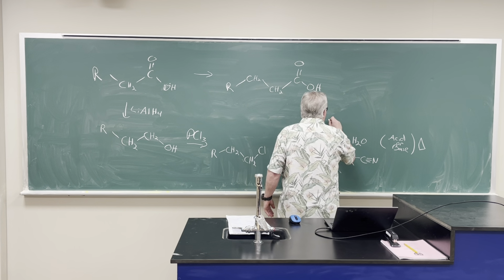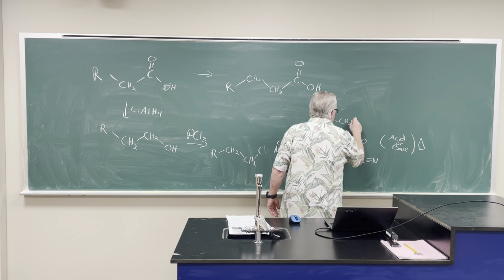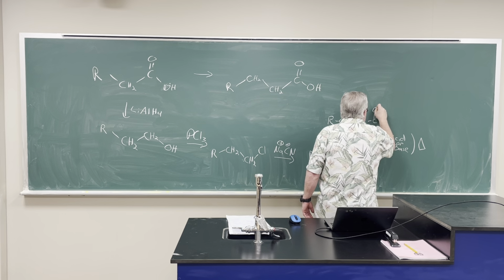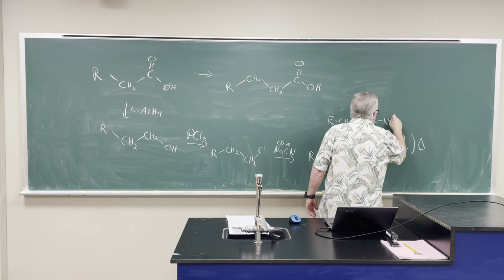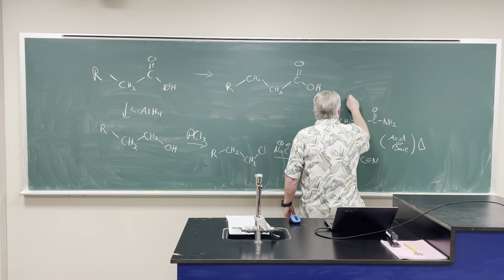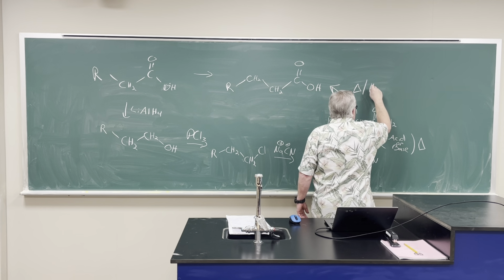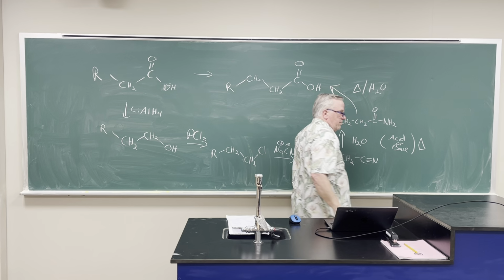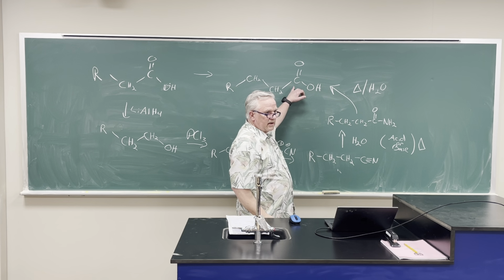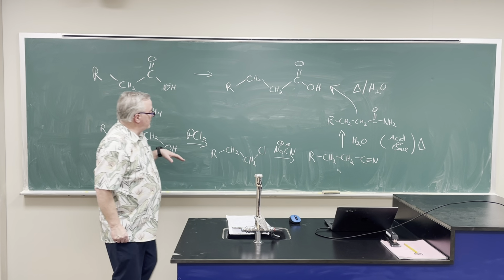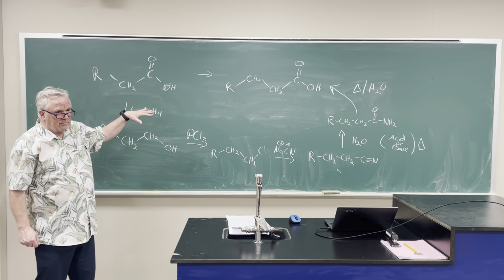It will make the amide, but as long as we keep up this heat and water under acidic or basic conditions, it'll get all the way to the carboxylic acid. So we've just extended our carboxylic acid by one.